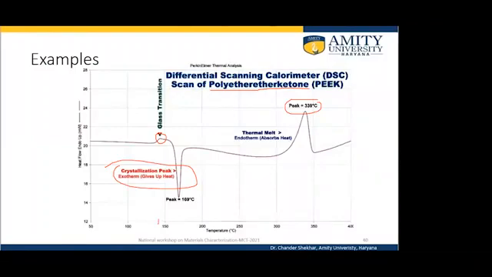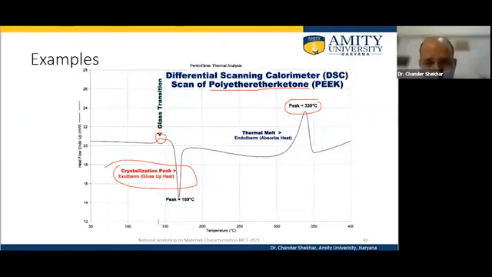There's a query from Rohit Yadav. In the DSC experiment, regarding the oxidation peak, is this peak the same as under the DTA curve? DSC and DTA differ in terms of the information extracted.